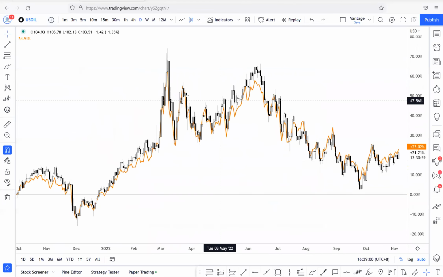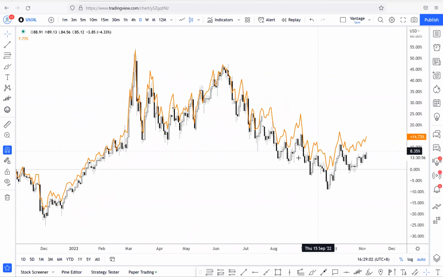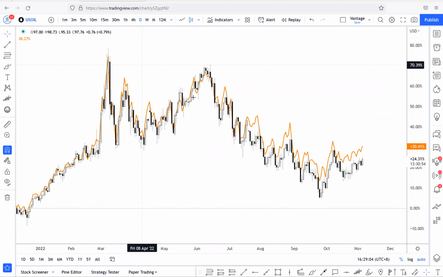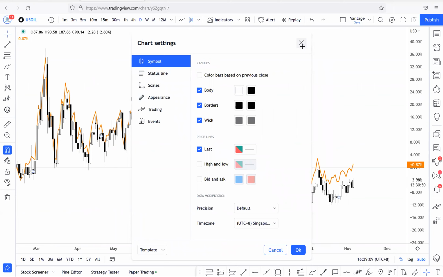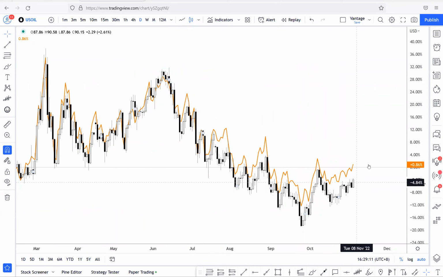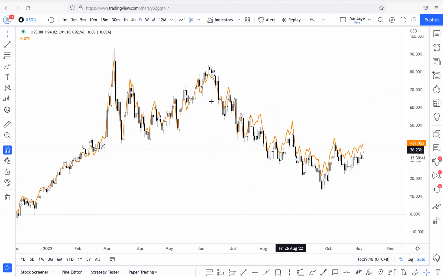What I did with this is that I overlaid the movements, right? So essentially you can see here, the one in orange would represent the UK oil, and the candlestick patterns themselves would represent the US oil. So in this example, you can see that they're pretty much the same in terms of the movement.